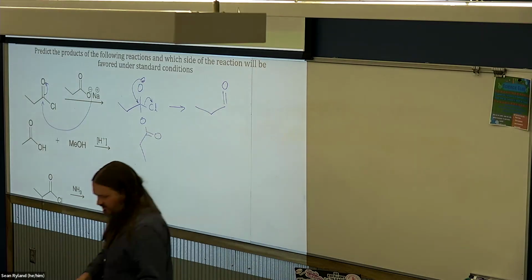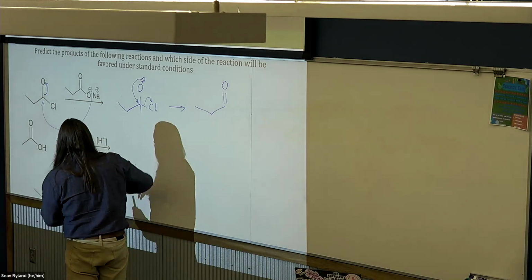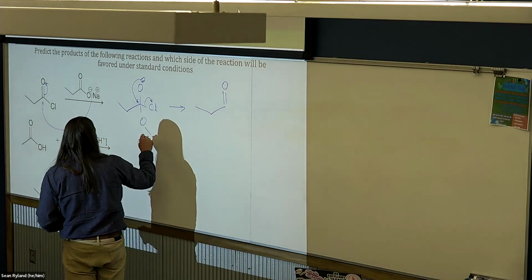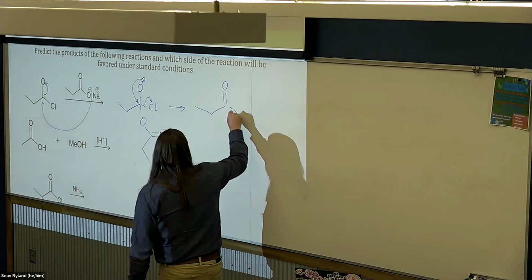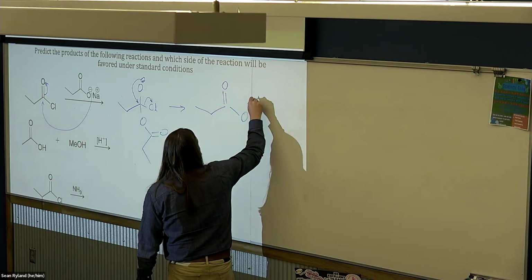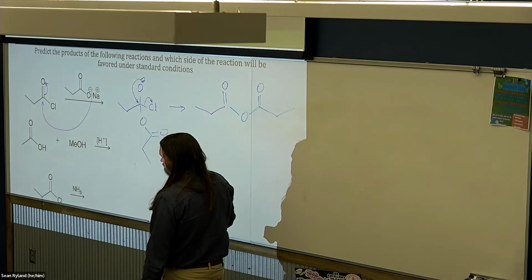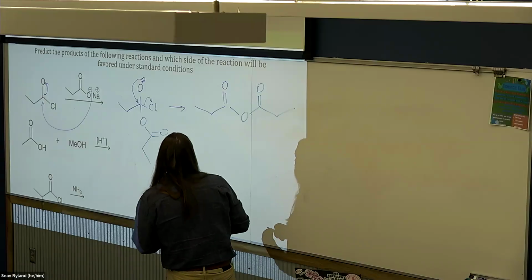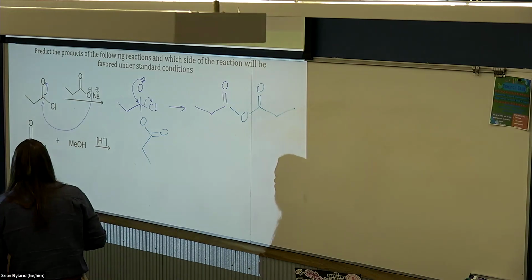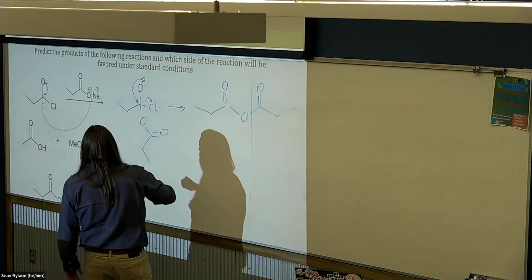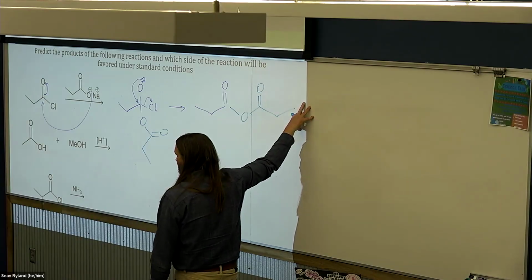Since we're learning this for the first time, let's color code it. So we replace the chloride with this entire acid group to make an acid anhydride.